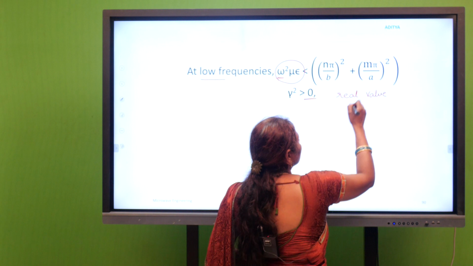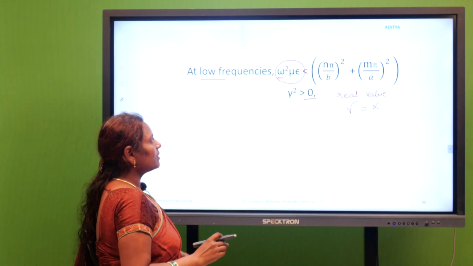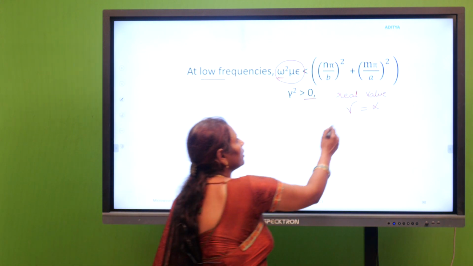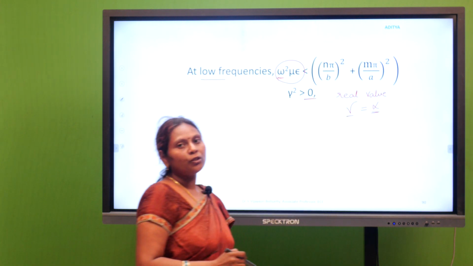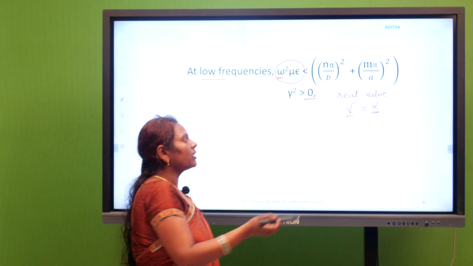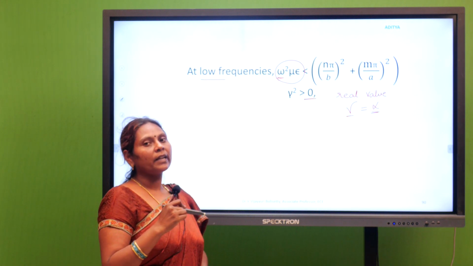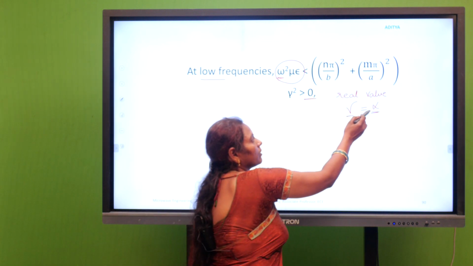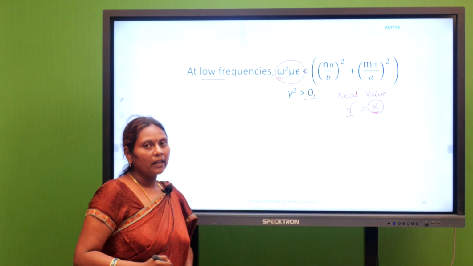So because of this, gamma can be equal to simply alpha. That means if gamma is equal to alpha, this is showing that this particular frequency is going to face some attenuation. Because of that, this frequency signal is not allowed to propagate through the rectangular waveguide fully, because it is going to offer some attenuation at this particular frequency.